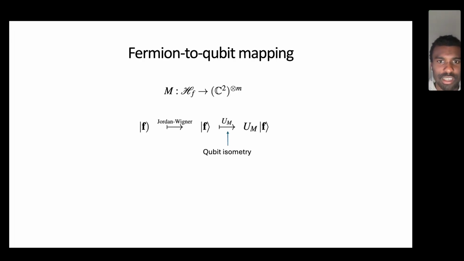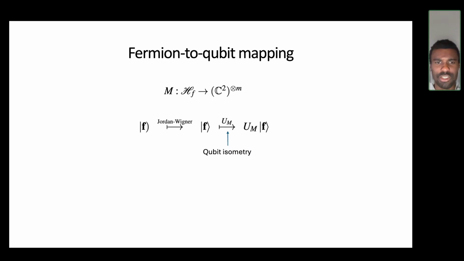Okay. So from now on, I'm going to abuse notation a little bit and say we're studying fermion-qubit mappings, the mapping that goes all the way from the left of this expression to the right of this expression. But we're going to factor through Jordan-Wigner, and just study the qubit isometry part of it and not think too hard about Jordan-Wigner happening under the hood.